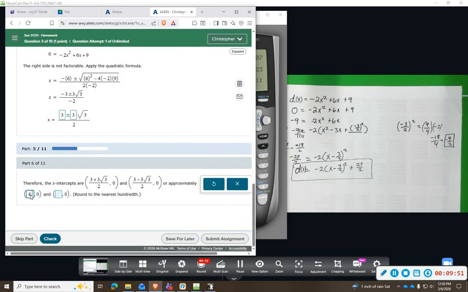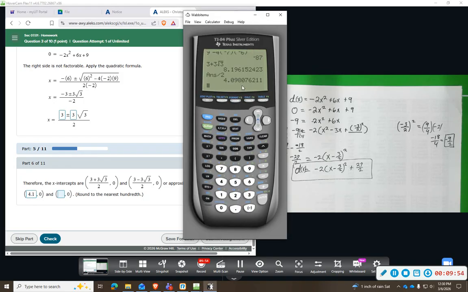And then if I do the same thing, 3 minus 3 square root of 3 and divide by 2, we get a negative 1.1, because that'll round 9 up and carry over, so negative 1.1.